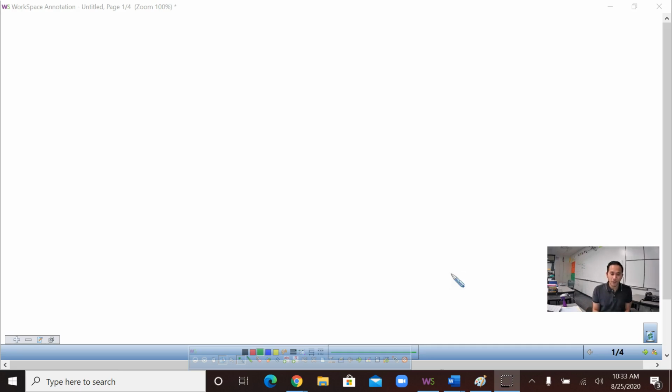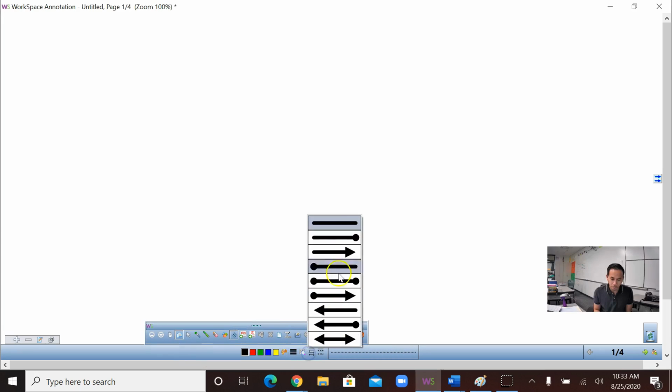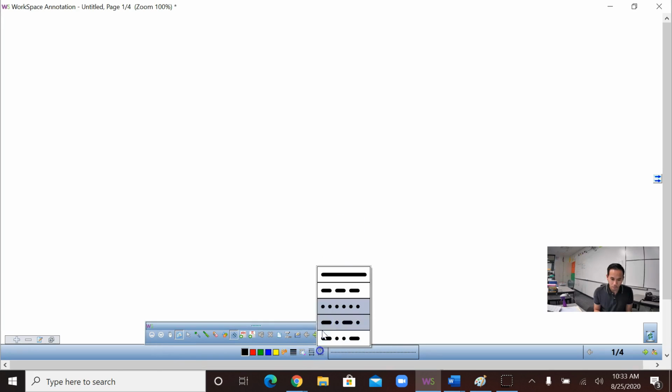For example, if I have here segment AB, so I'm going to draw a segment. Segment AB, just give me a second here. Let's try to use, and then this one will be solid.